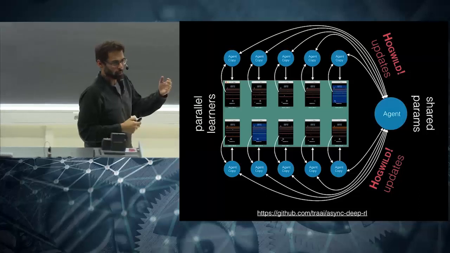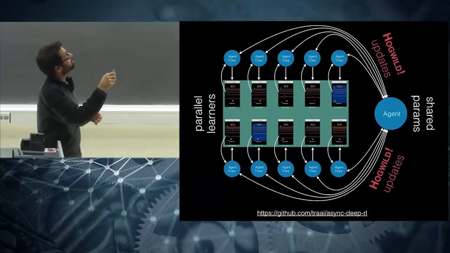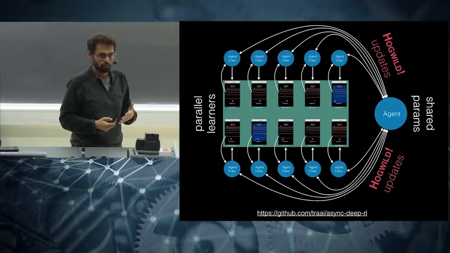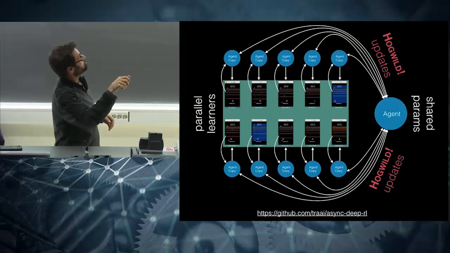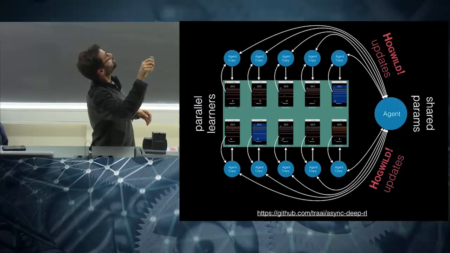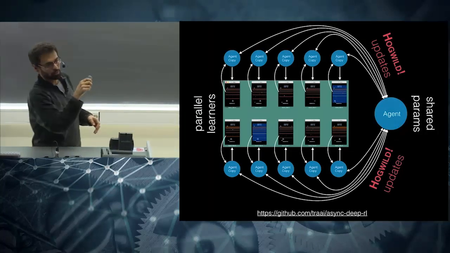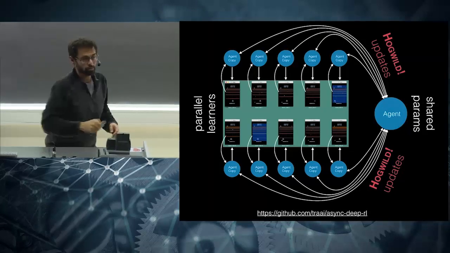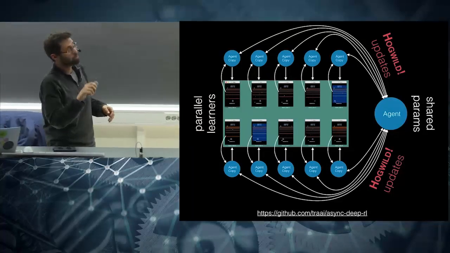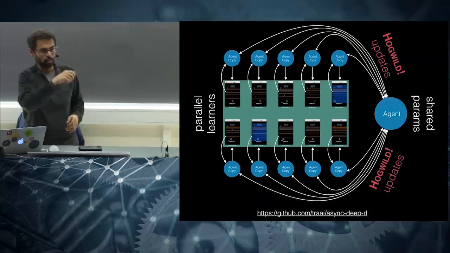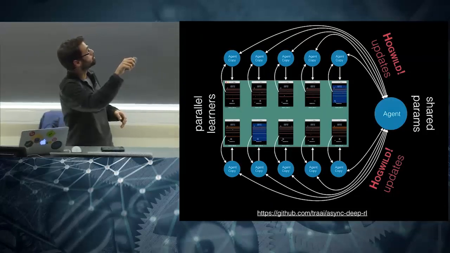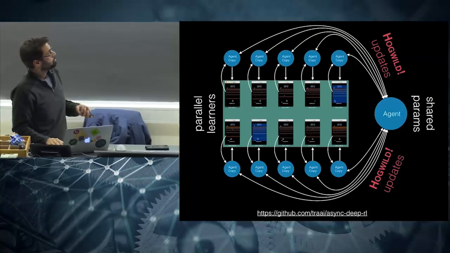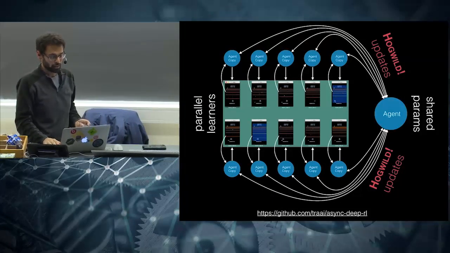If the environment is being rendered slowly, then the experience from that environment would come later. But in this case, it doesn't matter, because you are computing gradients in separate copies of the environments. So if one is slow, it's okay. You still get gradients from others, and you will get the gradient from the slow ones at some point. So it showed value in 3D domains as well.